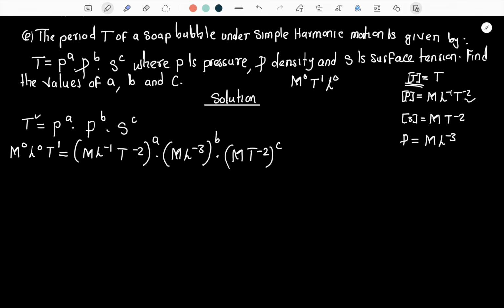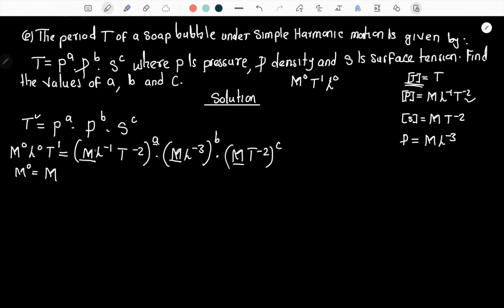Now, we need to generate equations which are going to help us solve these problems. The first equation is going to start with M. So we're going to have M to the power 0 equal to, now, we are going to multiply all the M's this side. Notice that when you multiply, you maintain the base and add the powers.